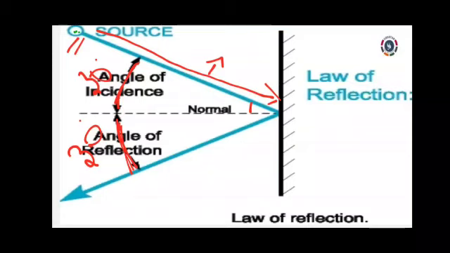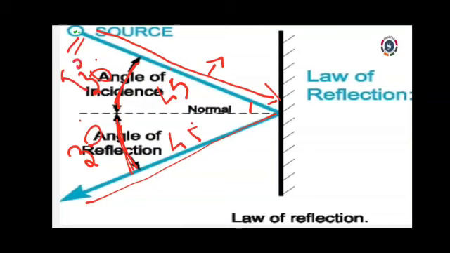If the angle of incidence is 45 degrees, the angle of reflection will also be 45. If the angle of incidence is 90, the angle of reflection will also be 90. Okay guys? Yes, this is the first law.